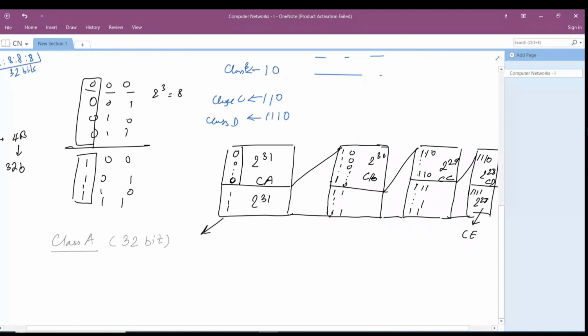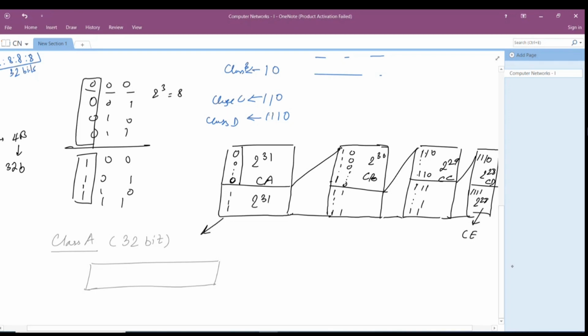Every IP address is of 32 bits. Now, this particular IP address would be divided into two parts, which are known as network ID and host ID.